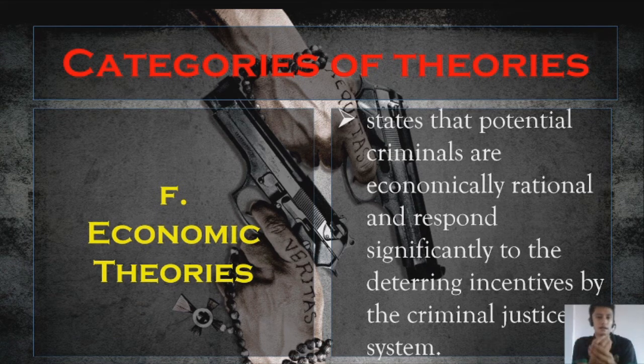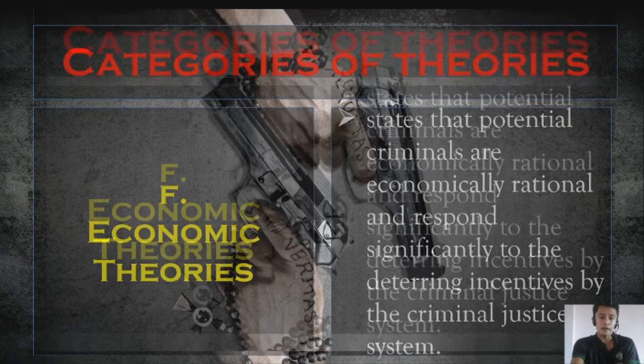So with that tendency, the person will pursue or will consummate the crime. Okay, so that is actually one theory that could fall under the so-called economic theory. So it has something to do with the reasoning of those criminals. Okay, so that is all about economic theories.